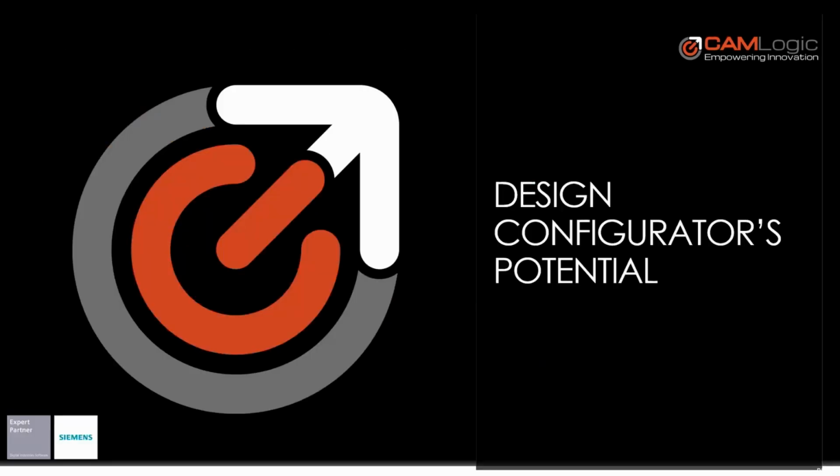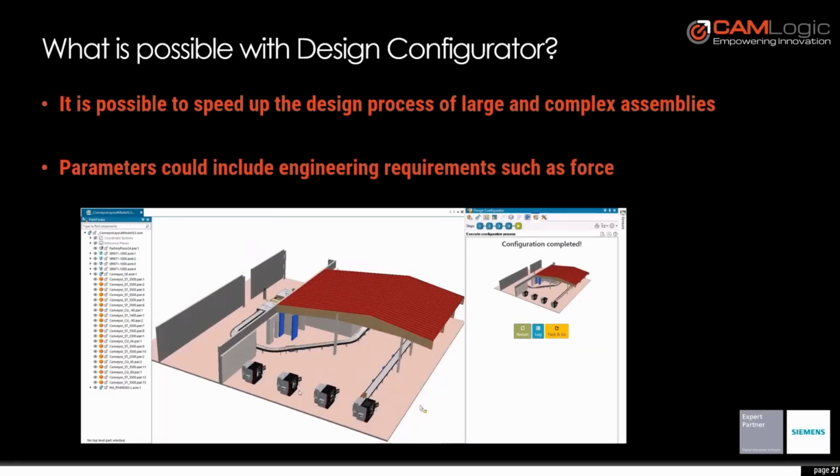Something else I wanted to show was some of the larger examples with Design Configurator, like what is possible with it. Because I showed something as simple as a table, with just a few variables. I showed sort of a cabinet that has some lengths and widths. Keep in mind that this is also possible to use with much larger, more complex assemblies.